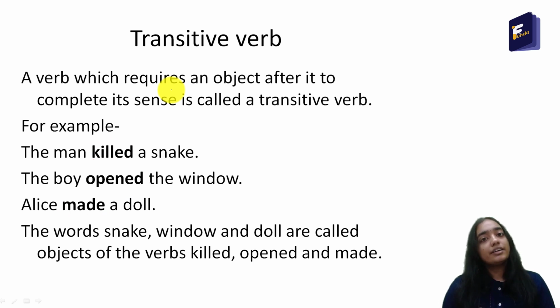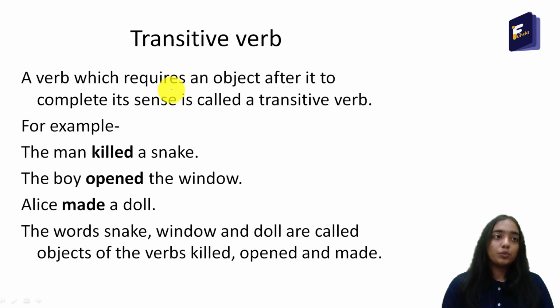Then only it will make complete sense. For example, I have to write the man killed a snake, the boy opened the window, Alice made a doll. That is why I am saying that the words killed, opened, made are transitive verbs.